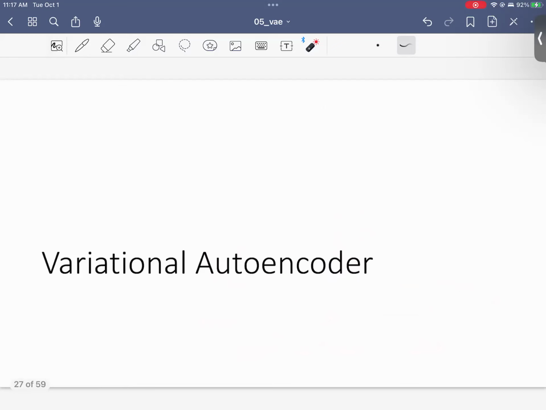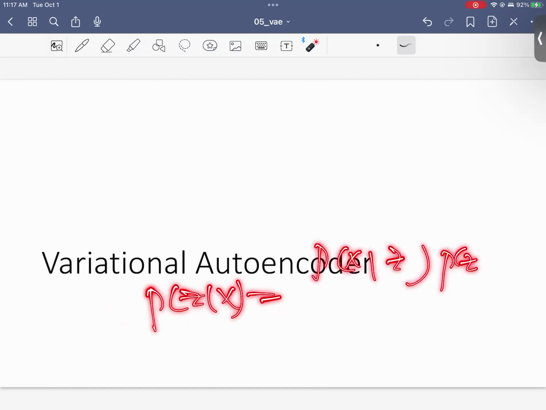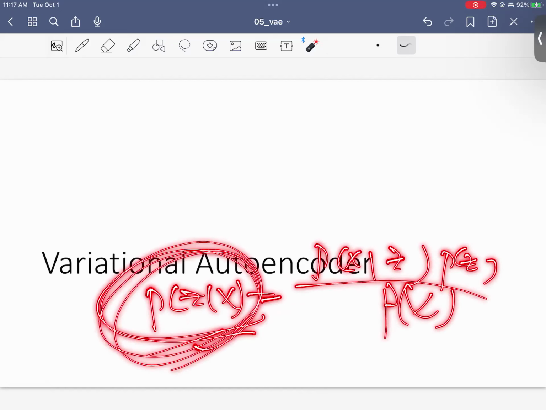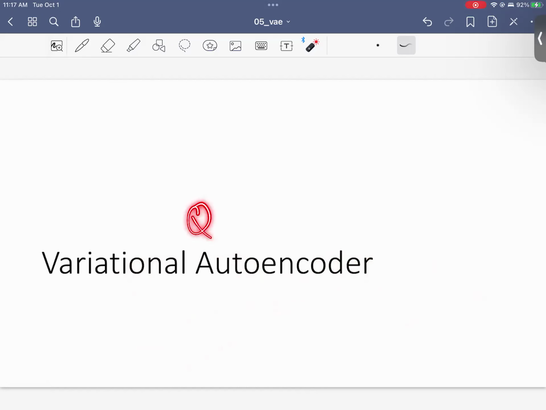Right, now we move on to variational autoencoder. So keep in mind what variational inference was for. Variational inference is all about inferring P(Z given X) from P(X given Z), P(Z), and P(X). We want to access this, and there are a lot of different ways to do it, but one way is to approximate this P(Z given X), the posterior distribution, with Q, which is a controllable, manageable function, and use KL divergence to minimize the gap between Q and P(Z given X).